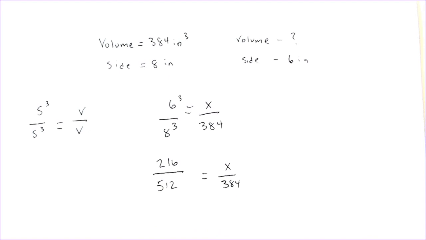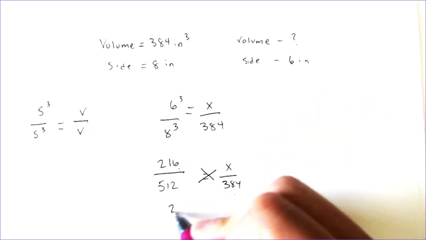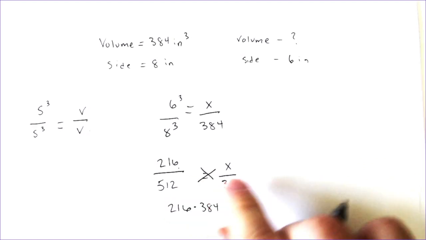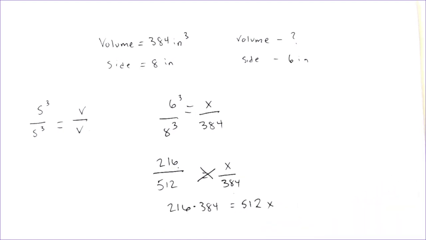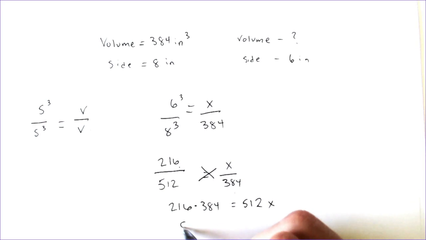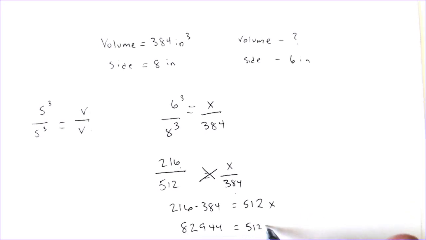Do not be intimidated by big numbers. This is going to be something that you get big numbers with. So we're going to cross multiply from here. 216 times 384, big number, will equal 512 times x, which is 512x. So we got to multiply 216 times 384. That is a big number. That is 82,944, which is equal to 512x.